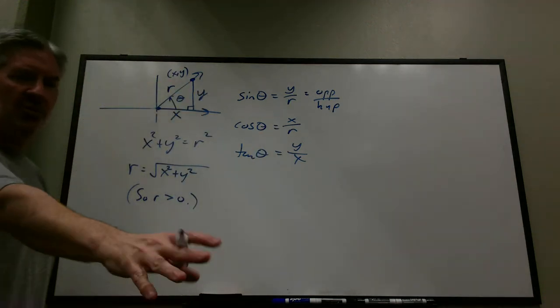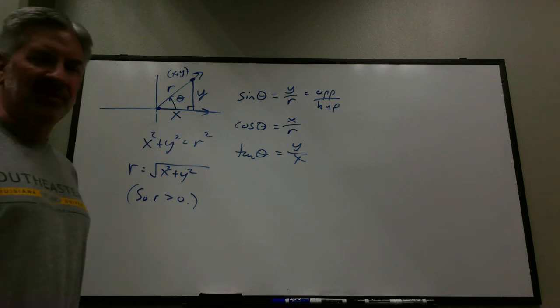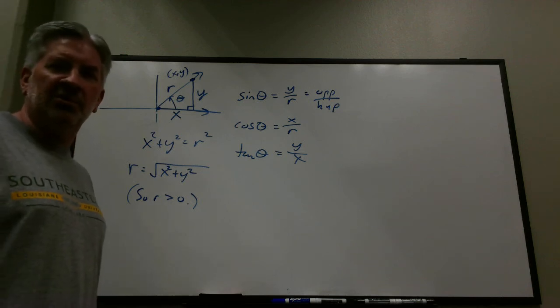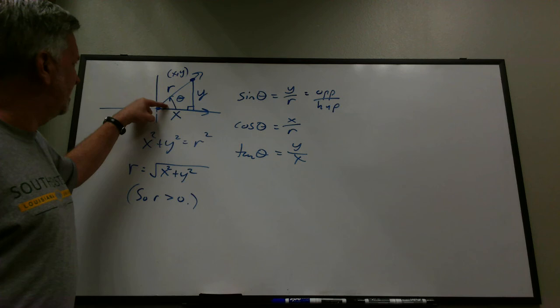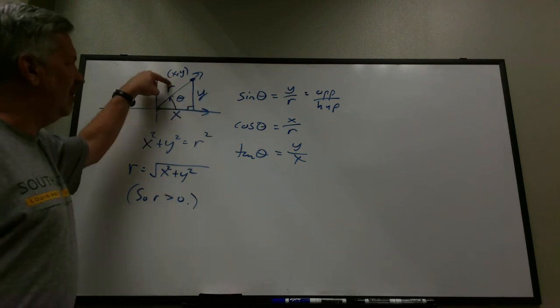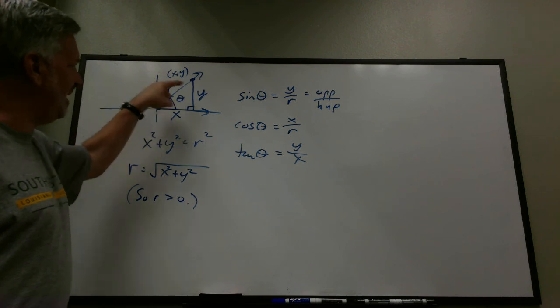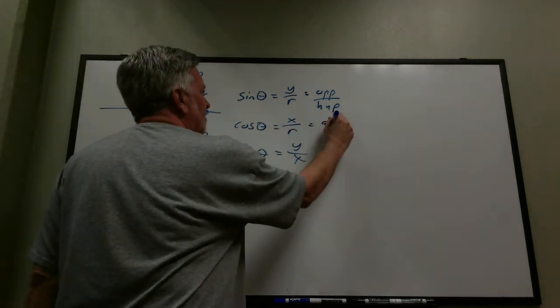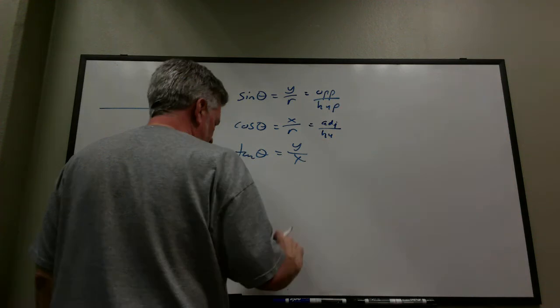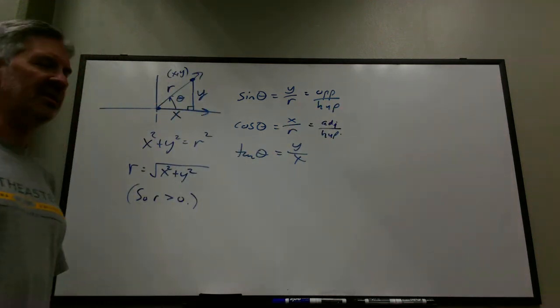So you don't have to rememorize the definitions in this section with x's, y's, and r's. Just use the definition we had before. Sine is opposite over hypotenuse. That's y over r. Cosine was adjacent over hypotenuse. Notice that's x over r. So you can use the same definitions that we covered in the previous section here.